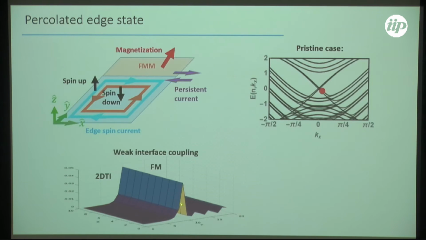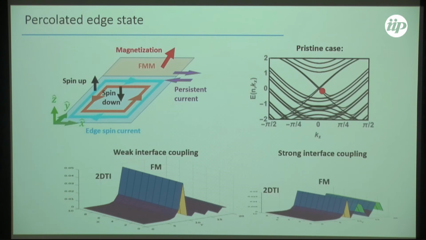Here, what I'm plotting is the wave function of this edge state, with long x and this is long y. On this side, you have the two-dimensional topological insulator, and the other side is the ferromagnet. On this side, you see that it's exponentially localized as the usual edge state. But on the other side, you also see that there's a small leakage inside the ferromagnet. So in other words, the edge state is not entirely localized inside the topological insulator. Now, this is the case when the interface is weakly coupled.